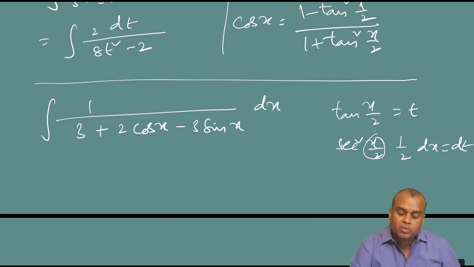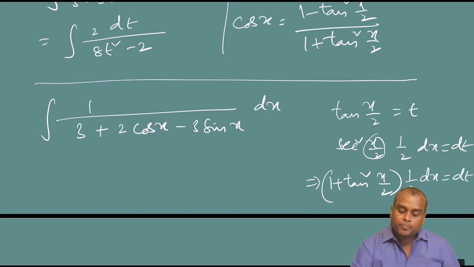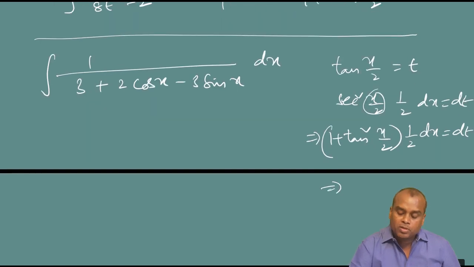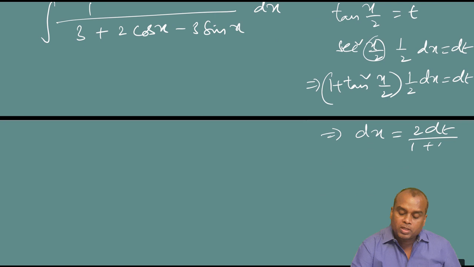Or writing secant square x by 2 as 1 plus tan square x by 2, into 1 by 2 dx is equal to dt. So from this we observe we have dx is nothing but 2 dt by 1 plus t square.